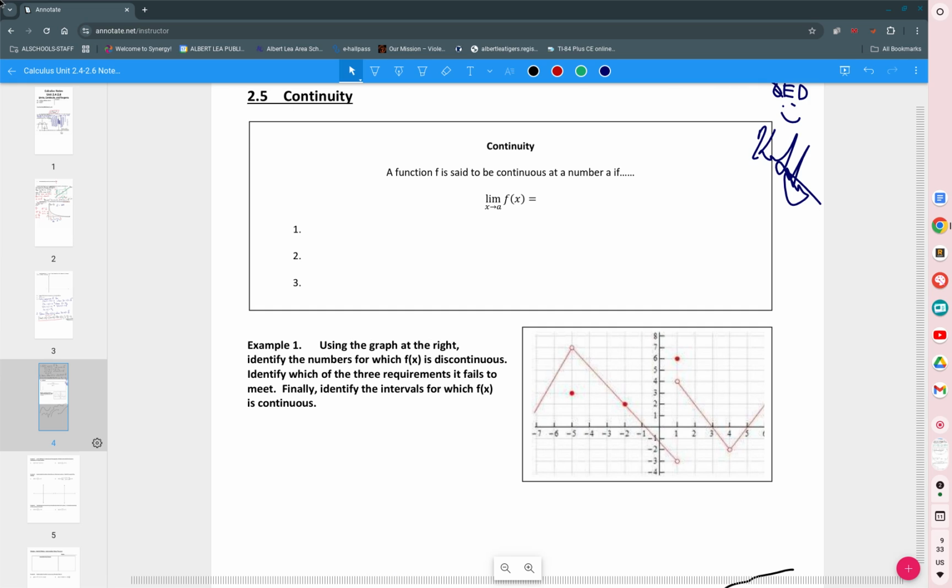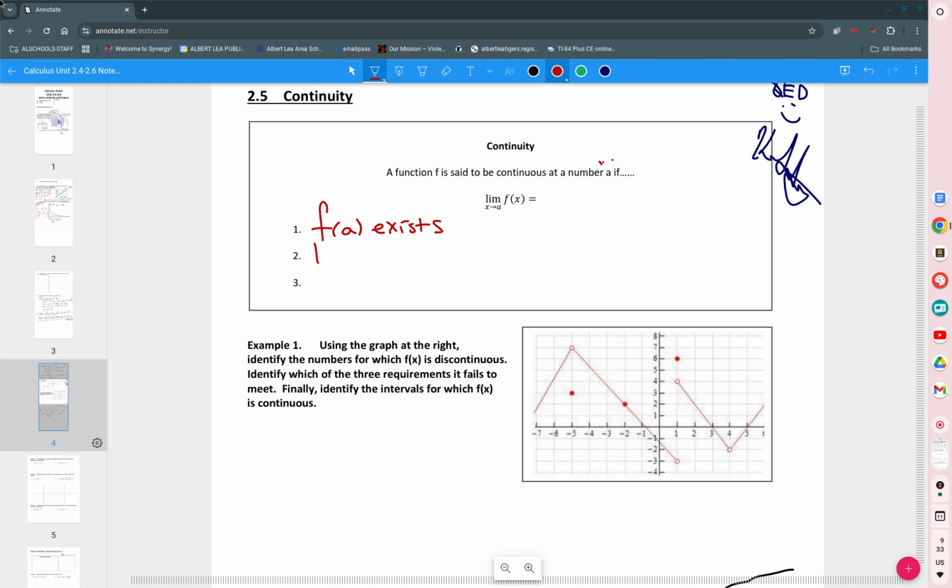Continuity. A function f is said to be continuous at a number a if, number one, f of a exists. So if you plug in a and you get an output, that's one requirement. If there's no output, then it's discontinuous.